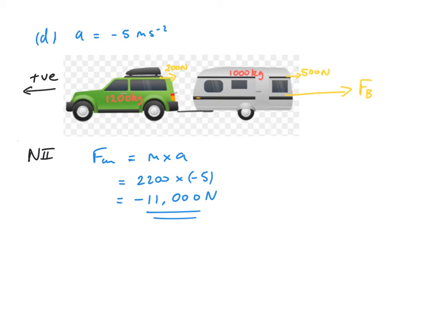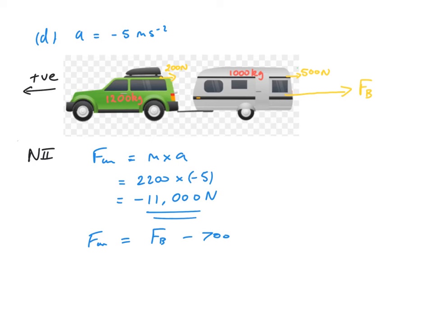Okay. So last wee bit of working then. The unbalanced force should be equal to the braking force take away 700.